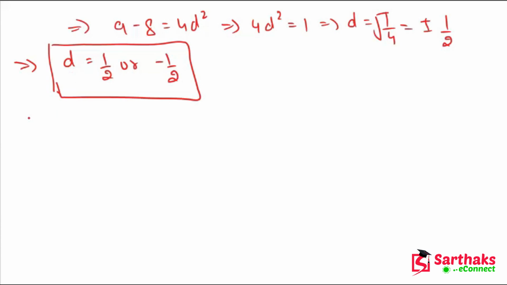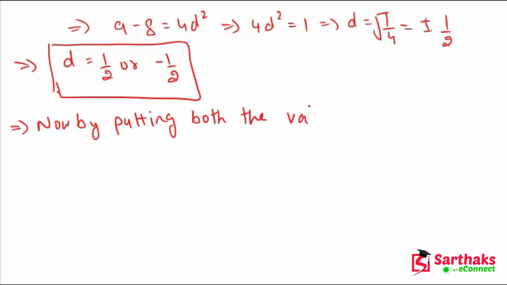Now by putting both the values of D, we have A equals 3 minus 4D.